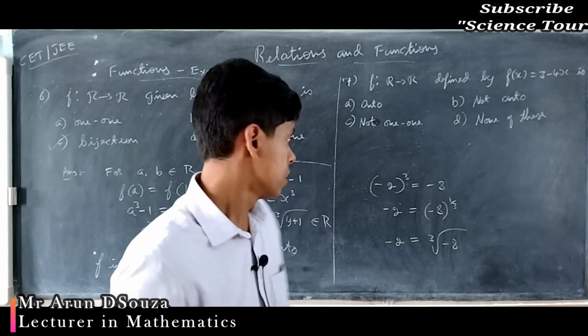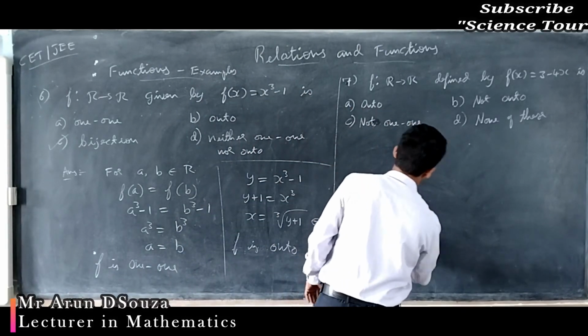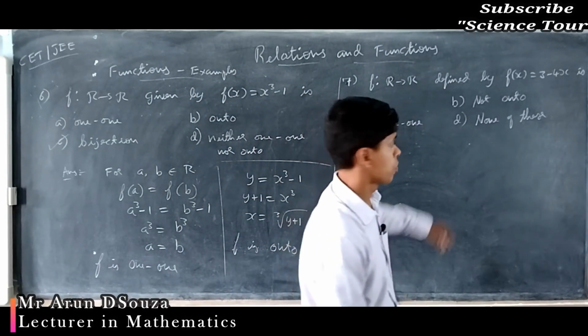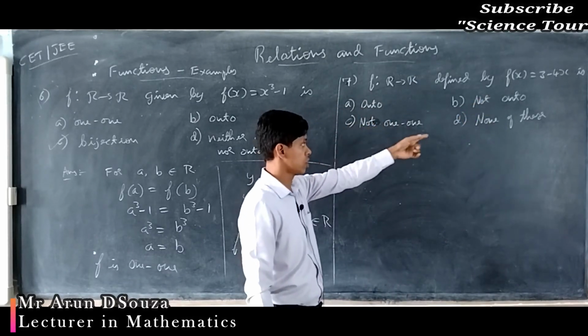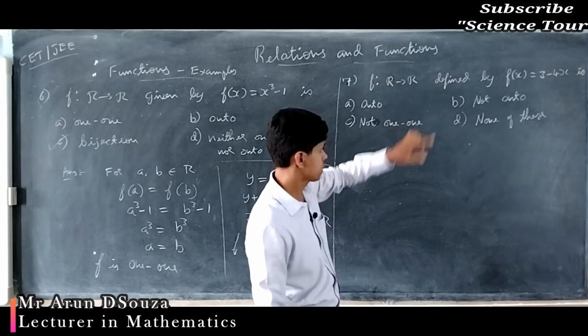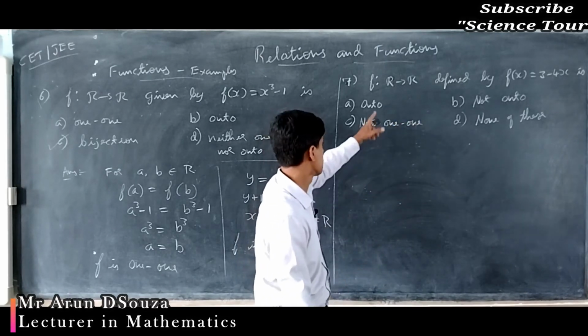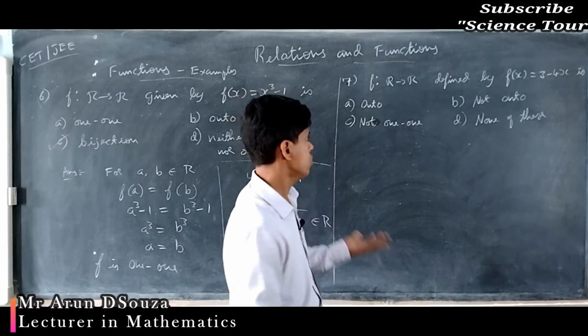Now let's go to the next question. Question number 7 here is also a similar problem. You have to find whether it is 1-1, onto, or not 1-1, or none of these. Okay. So let's go for onto first, because there are two options which are saying onto or not onto. Okay.